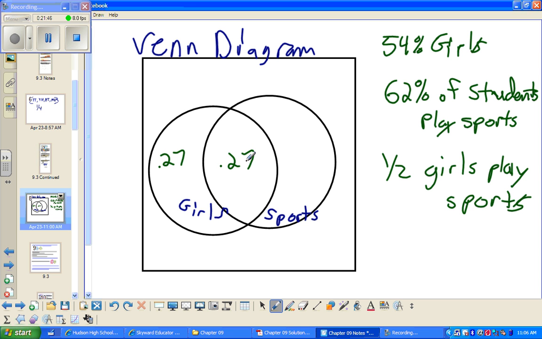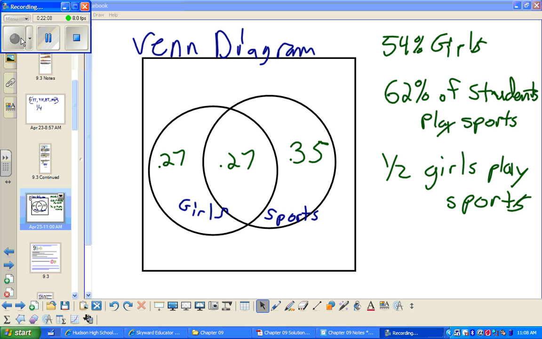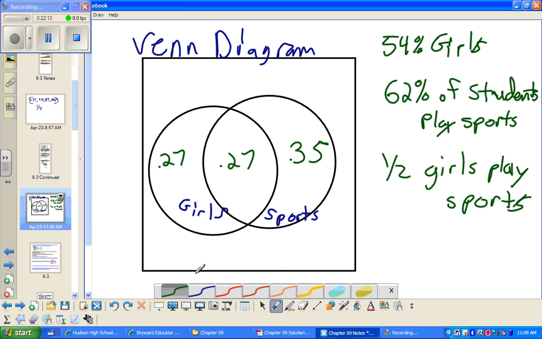Well, we know that 62% of the students play sports. So if 62% of the students play sports, and 0.27 are girls, that would leave 0.35 for boys. Now if you look at these percents, they don't add up to 100%.